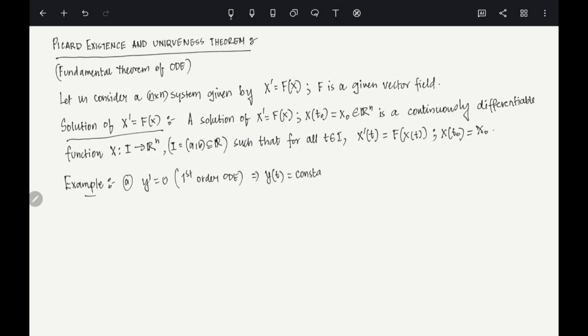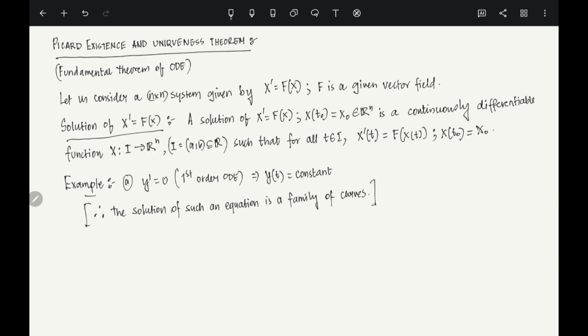So essentially the solution of such an equation is a family of curves. Clear? Is a family of curves.